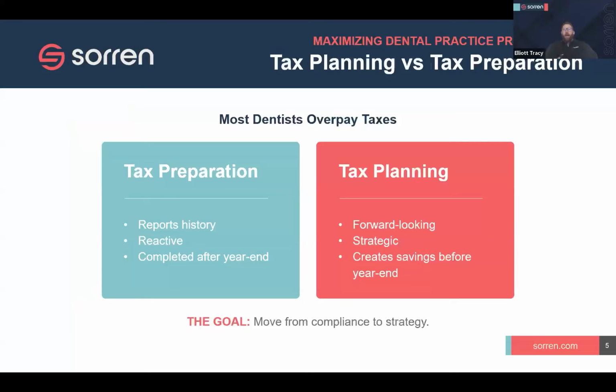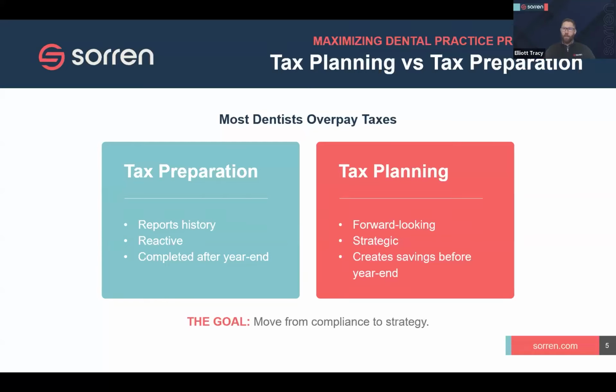So next slide. Shifting from the overhead and profitability conversation to let's talk about taxes. Those 3 things that we mentioned on the front end, overhead being one of those, tax being a big piece of that. Tax preparation, so the tax return itself, is a compliance requirement.